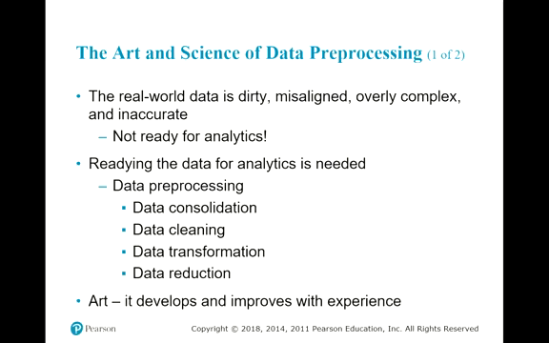Officially, from the textbooks, data preparation has four different categories of job: data consolidation, data cleaning, data transformation, and data reduction. It is described as both a science and an art, because a lot of the time a good creative employee can process the data in a different way to generate a different result.